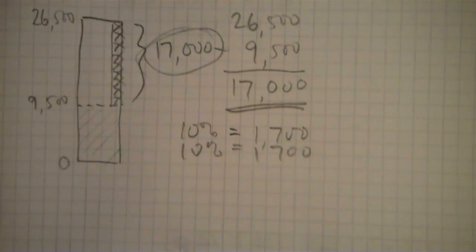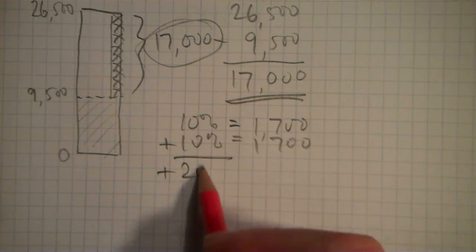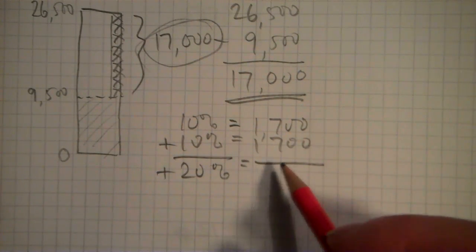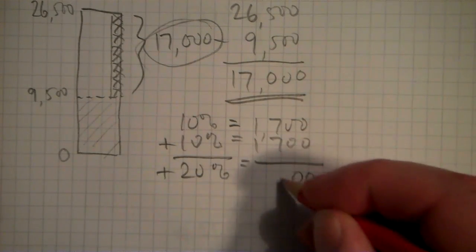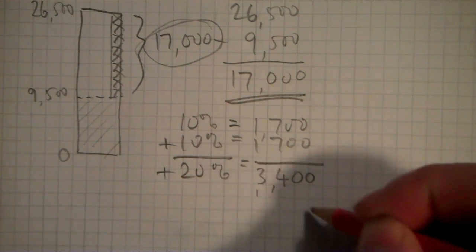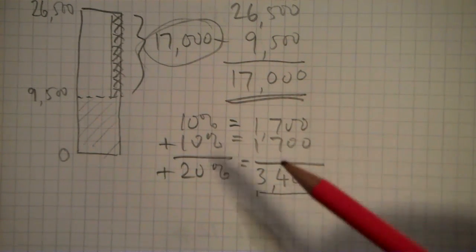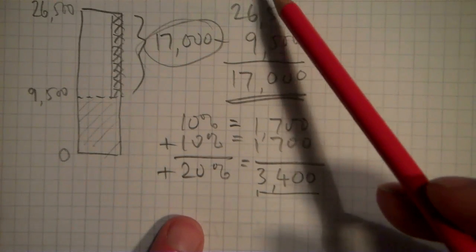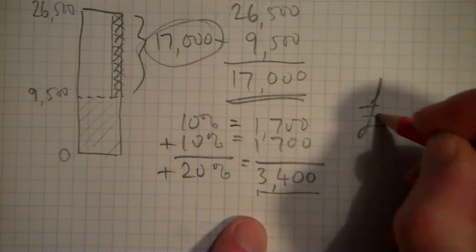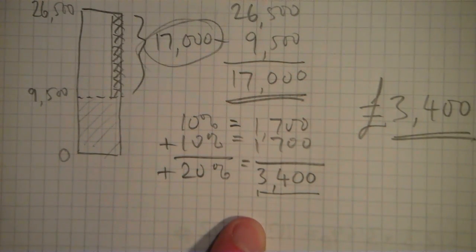And let's move the paper up so you can see. So if we add 10% and 10%, we get 20%. And if we add two lots of £1,700, we get 2 7s are 14, carry 1, 2 1s are 2 and 1's 3. We get 3,400. So in other words, the total tax that she pays is 20% of £17,000, which we've just worked out is £3,400. And that's the answer.